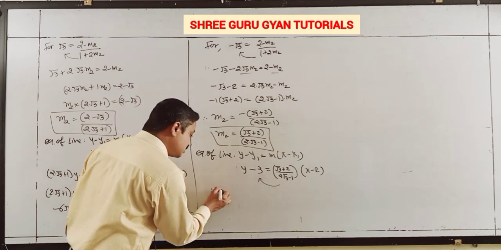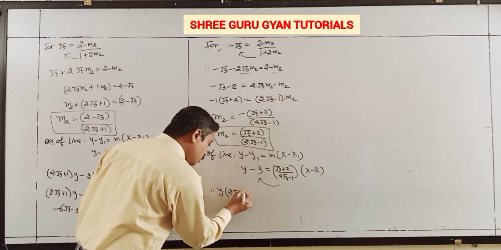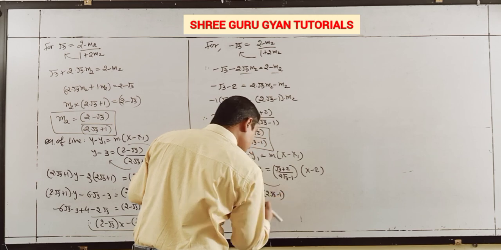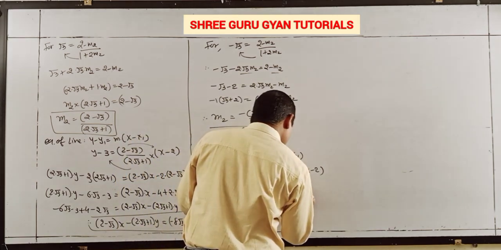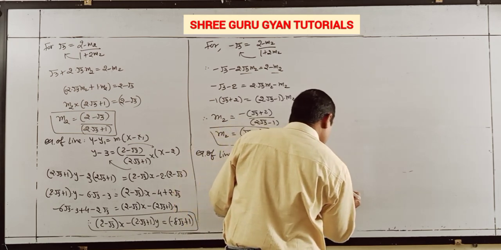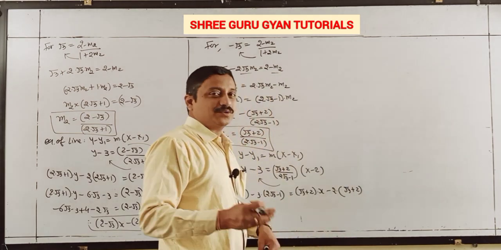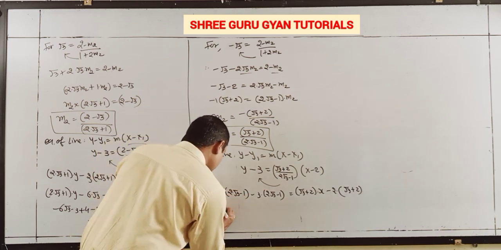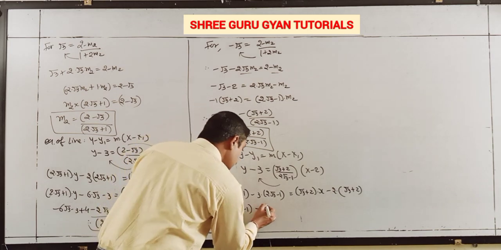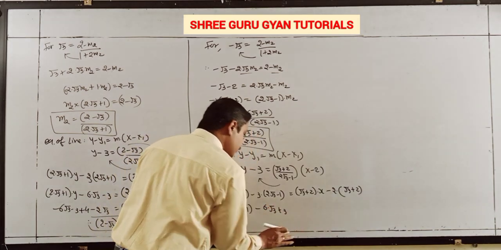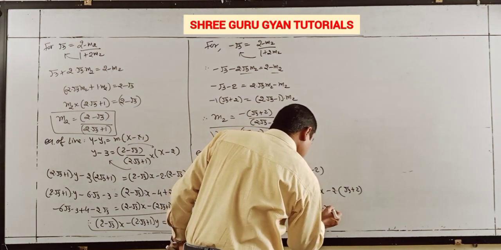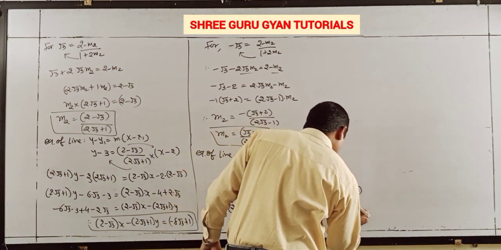So students, my answer is (y minus 3) times (2 root 3 minus 1) is equal to (root 3 plus 2) with (x minus 2). Now students, you can multiply easily. So my first answer is y (2 root 3 minus 1) minus 6 root 3 plus 3, and here (root 3 plus 2) into x minus 2 root 3 minus 4.